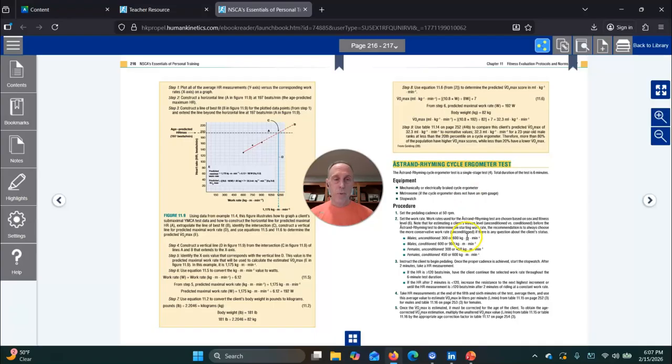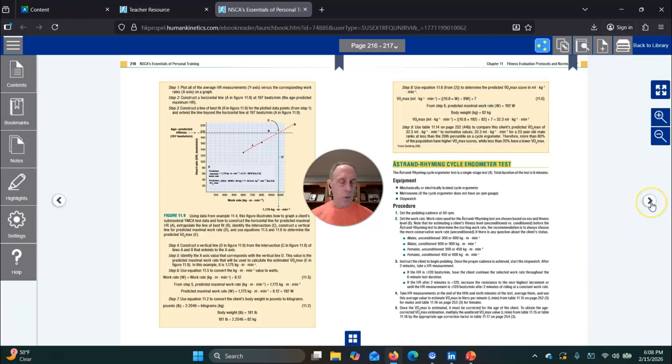The procedures are different in terms of the workloads, and it's categorized by male or female. And then you have a cadence: as the person is pedaling on the bike at 50 revolutions per minute, depending on the workload they're working at, you evaluate heart rate and then you make adjustments thereafter.